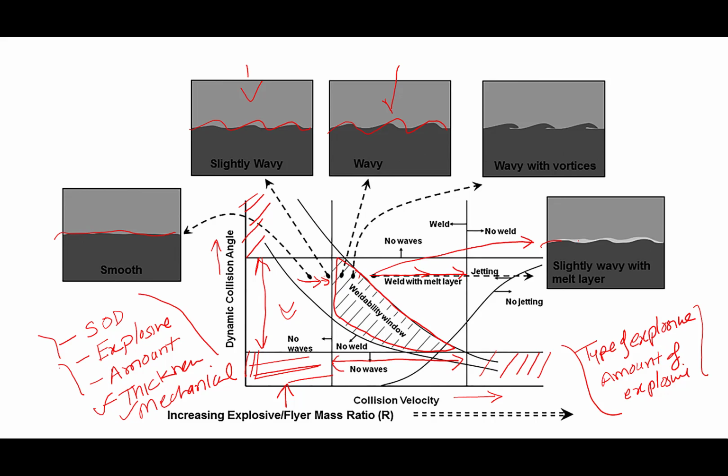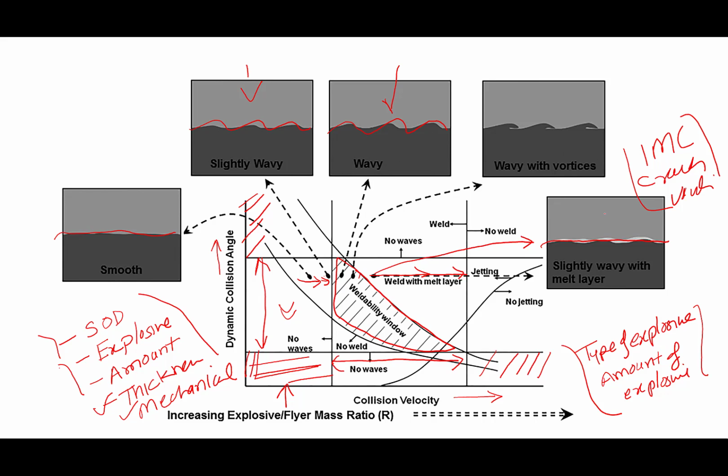But if the melting is continuous due to excessive heat generation at the interface, then this will weaken the joint significantly. Here you may have a lot of IMC formation, cracks and voids, and these will reduce the joint strength significantly.